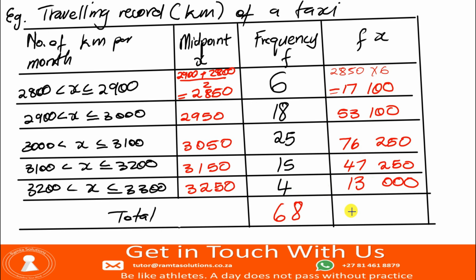So the total here is 206,700. Okay? All right. Now, let's continue. What are we saying? Let me perhaps ask you questions. Calculate the mean.